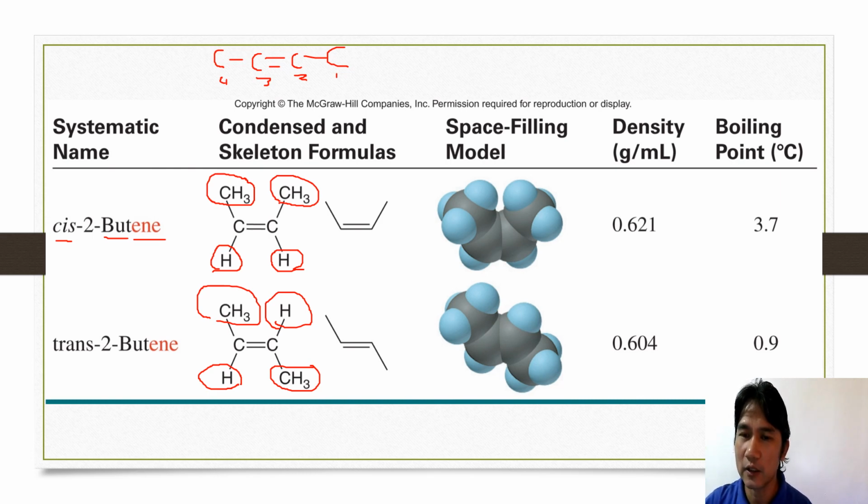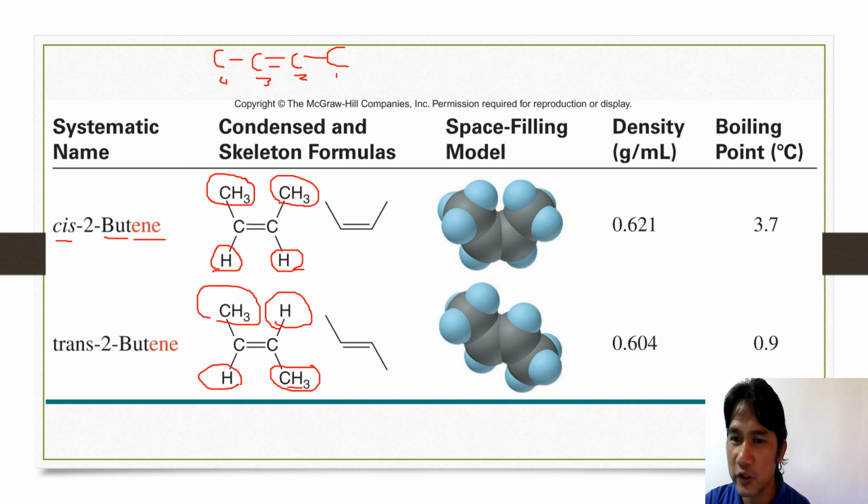Okay, take note that the hydrogen atoms must be on opposite sides. The hydrogen atoms, take note, that are connected on each of the carbons with the double bond. Okay, although there are hydrogen atoms here in the CH3, they are not bonded to the double bond.